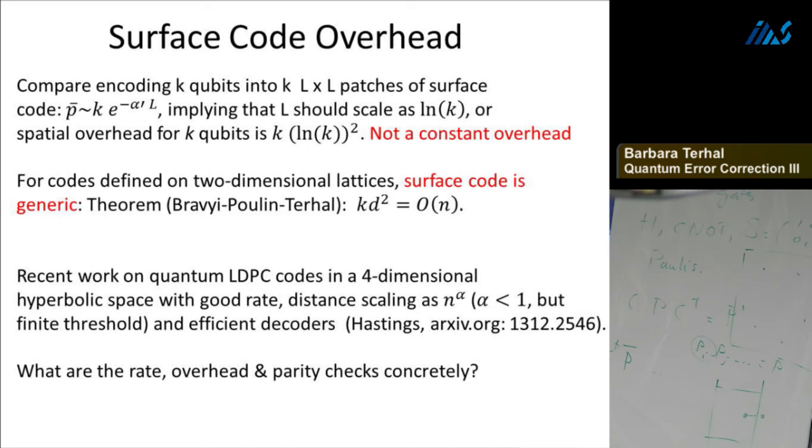So for the surface code, we imagine that we want to encode k qubits, and every one of them will be encoded in an L by L patch, like one of these sheets.